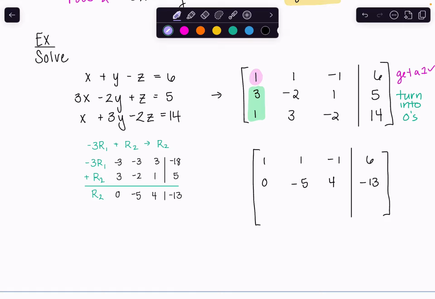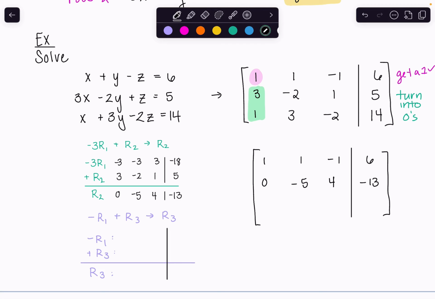Now I'm going to take negative row 1, add it to row 3, and this is my new row 3. And then we'll go ahead and put that bar to separate things.